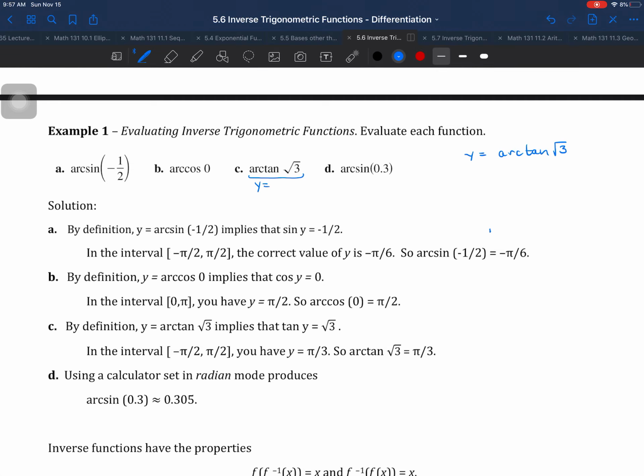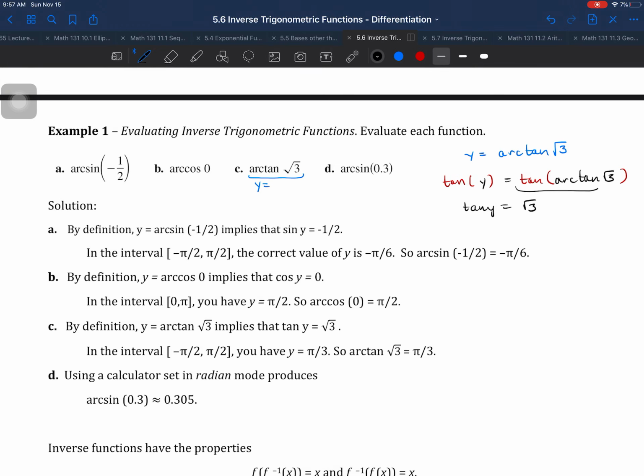It's very easy, right? We just undo the arctangent by applying the tangent on both sides of the equation. So tangent of y on the left side equals the tangent on the right side. These will undo each other, and therefore we have tangent of y equals the square root of 3.